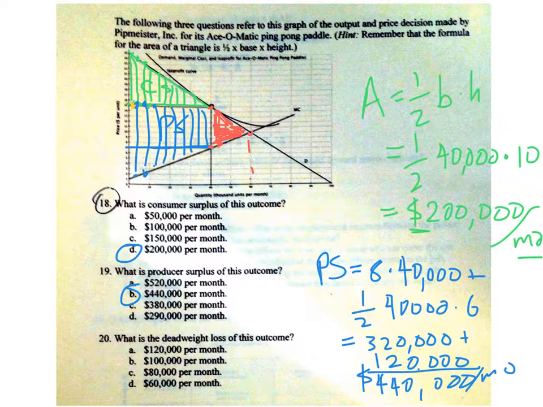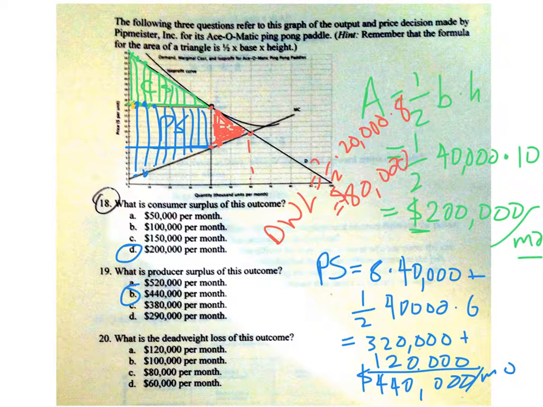Deadweight loss is equal to 1/2 times the base, which is 20,000, times a height of 8. So deadweight loss is equal to $80,000 per month. And that would be answer C there.